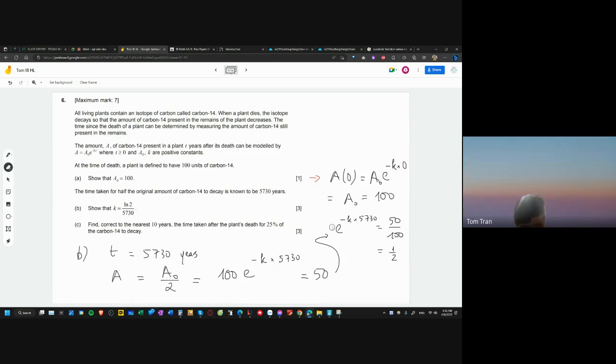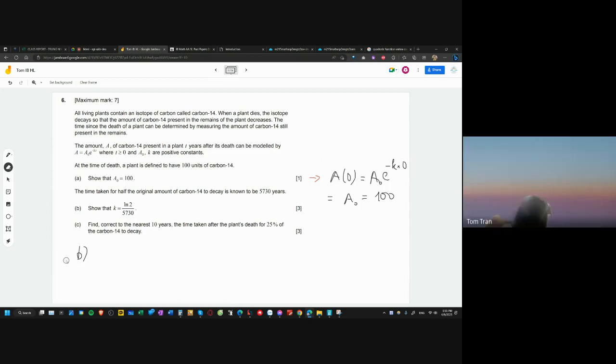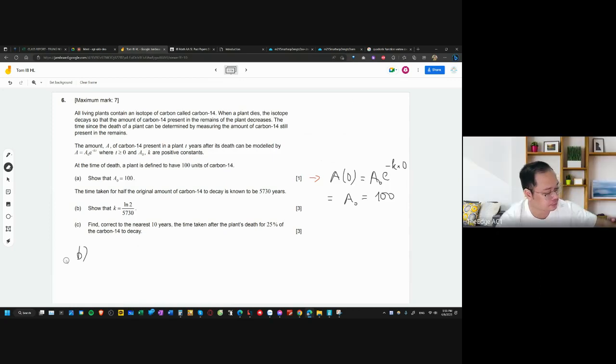This is really long. Yeah, this is section B, it's supposed to be difficult. And this is actually the formula in physics, decay constant.